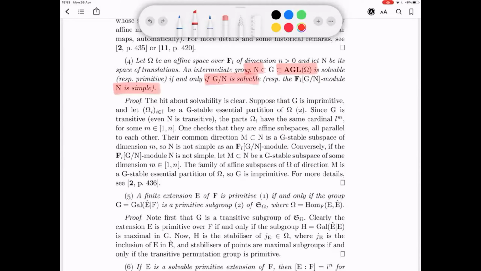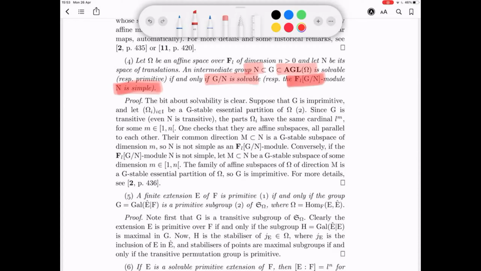G mod H, n is solvable if and only if this F_l[G mod n] module n is simple. So why is n an F_l[G mod n] module? Because to make something into a KH module, you have to give an action.